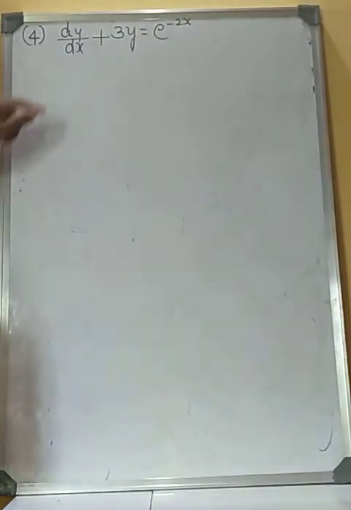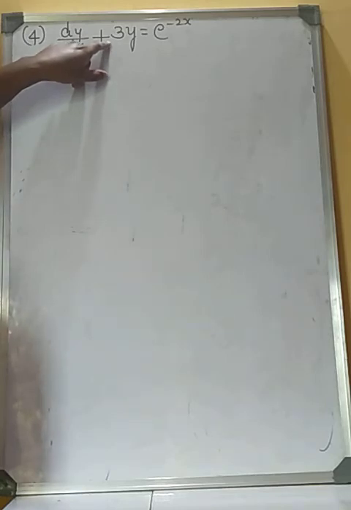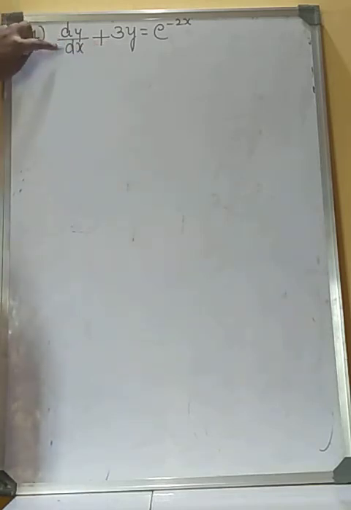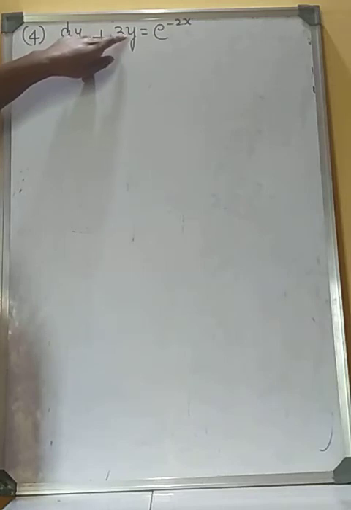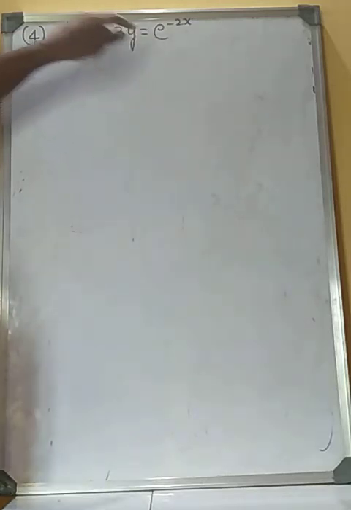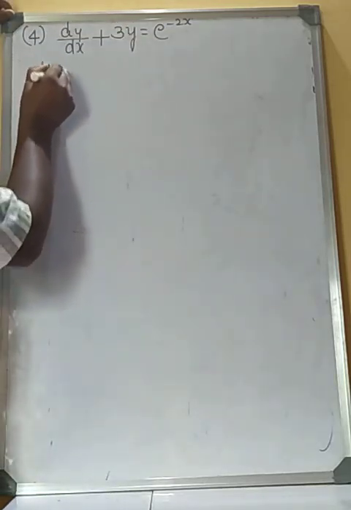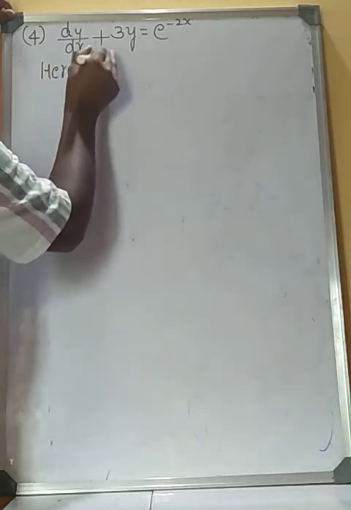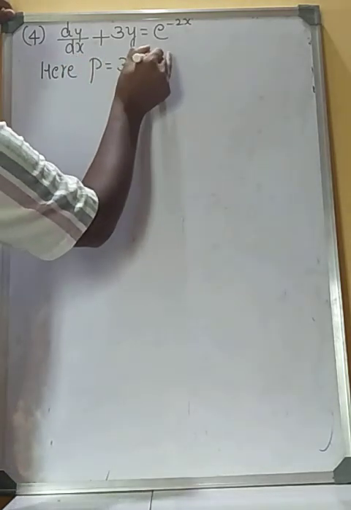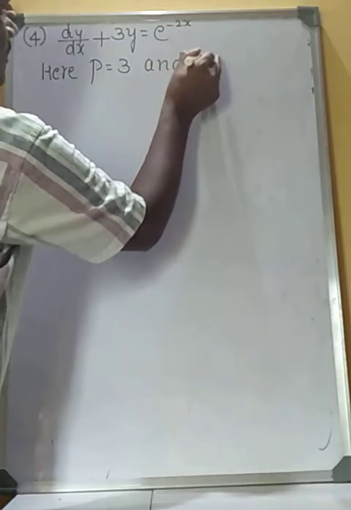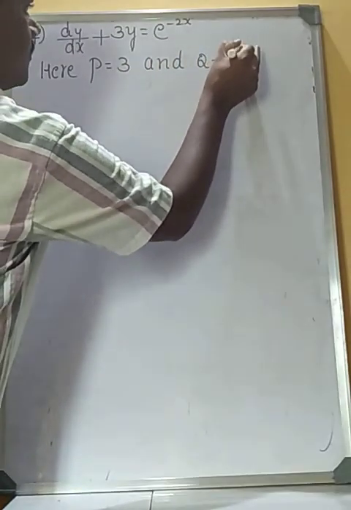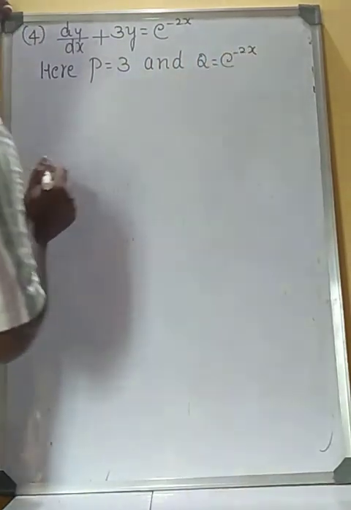The given differential equation is of the form dy by dx plus py equal to q. Here p equals 3 and q equals e power minus 2x.